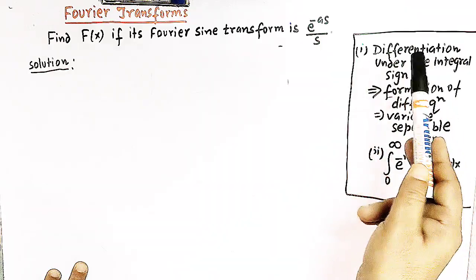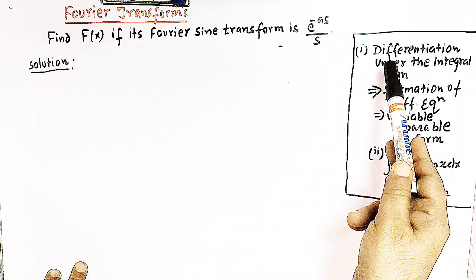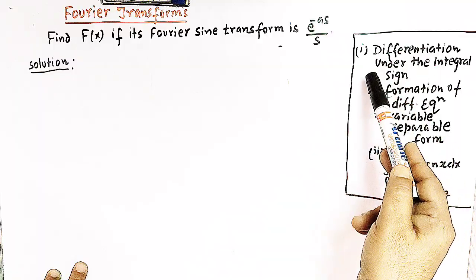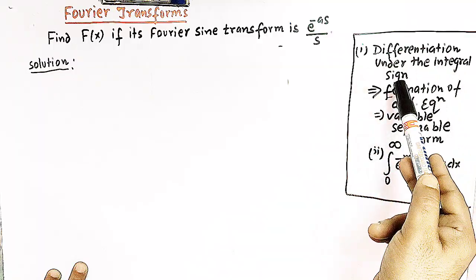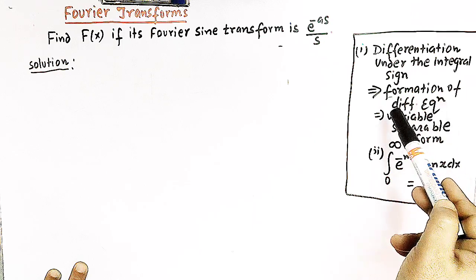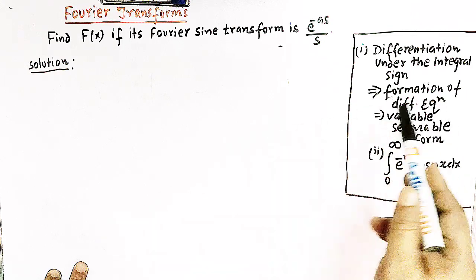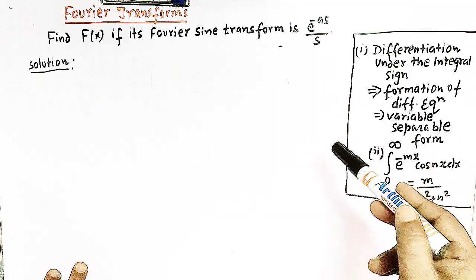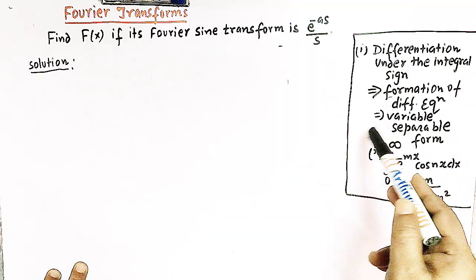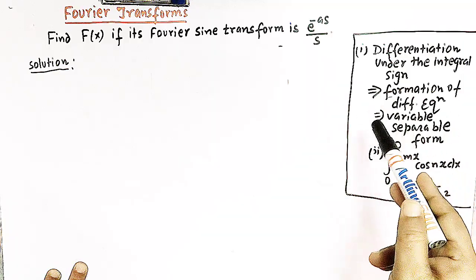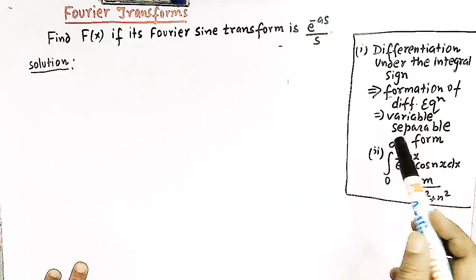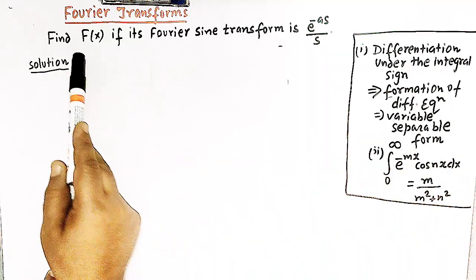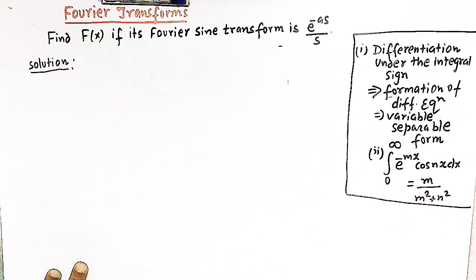When we apply differentiation under the integral sign, we will form a differential equation, then we'll get a variable separable form of differential equation, and then we'll solve it and we'll get the function f of x.